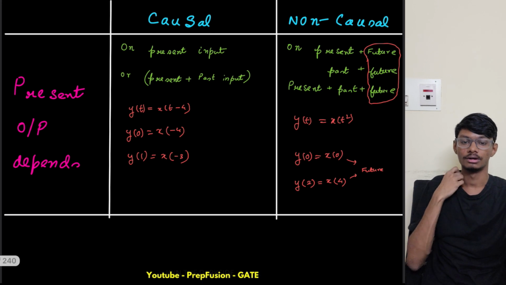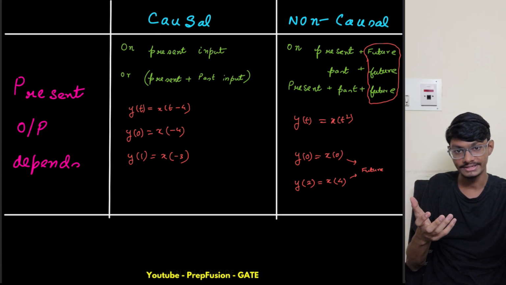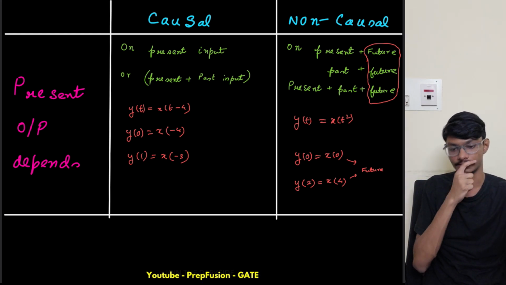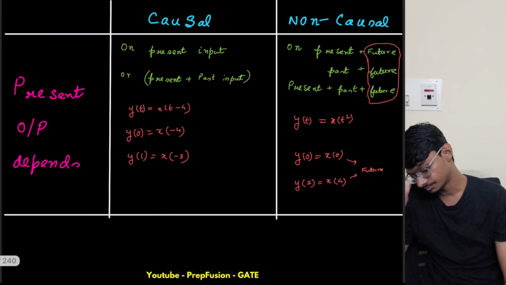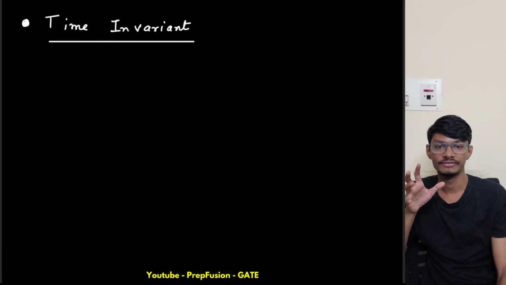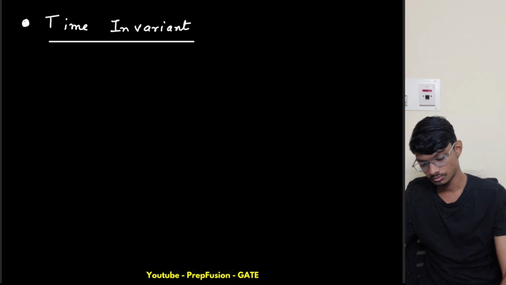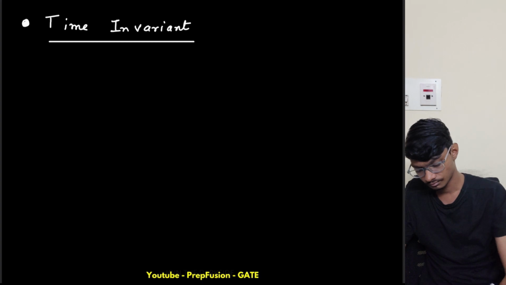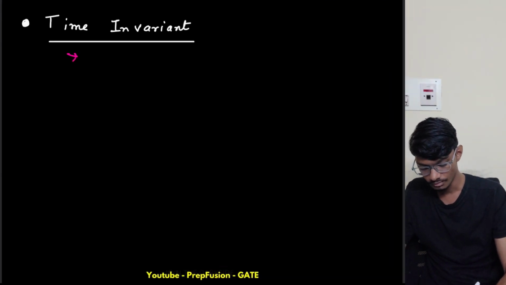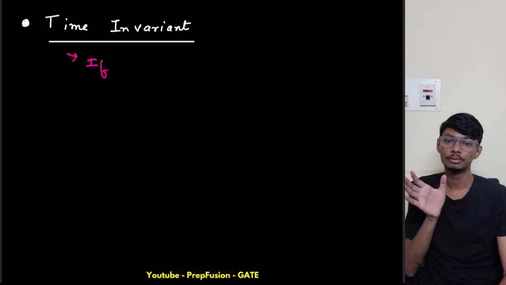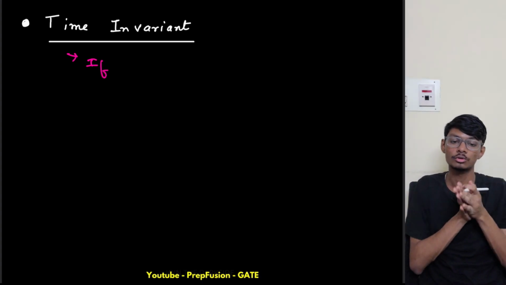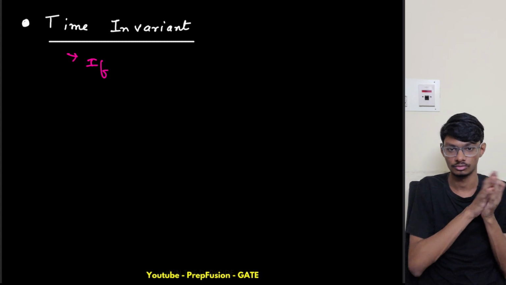Now I will teach you what is time invariant. What does time invariancy mean? How is this system time invariant? If the input is shifted by t naught, then the output should also be shifted by the same amount, that is t naught only. Let me just write this.